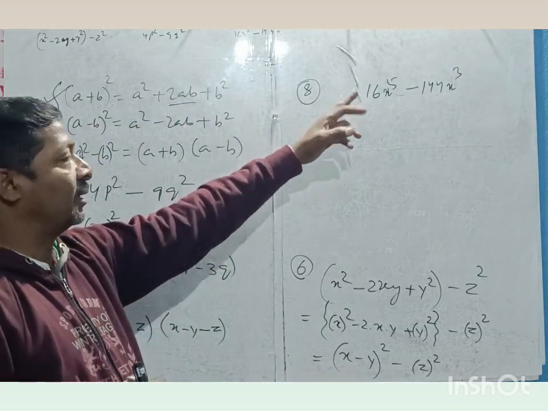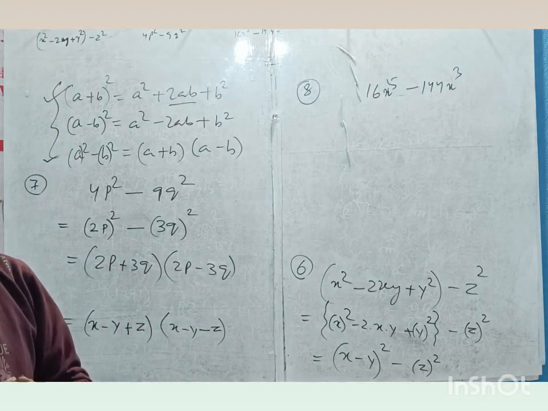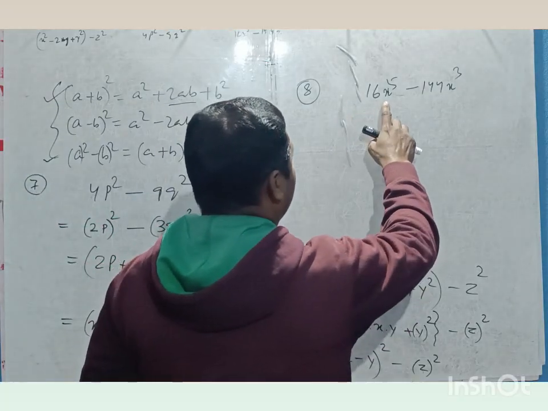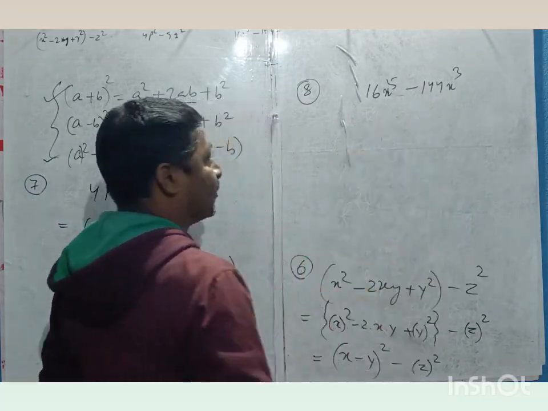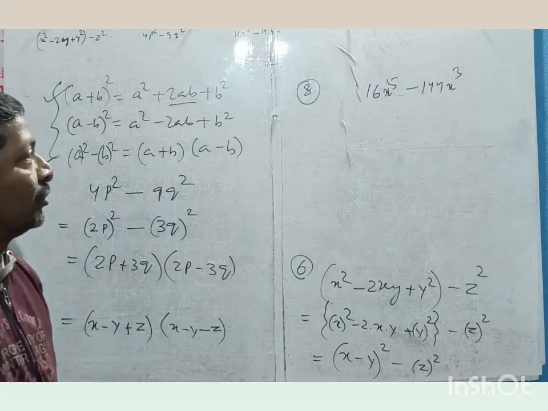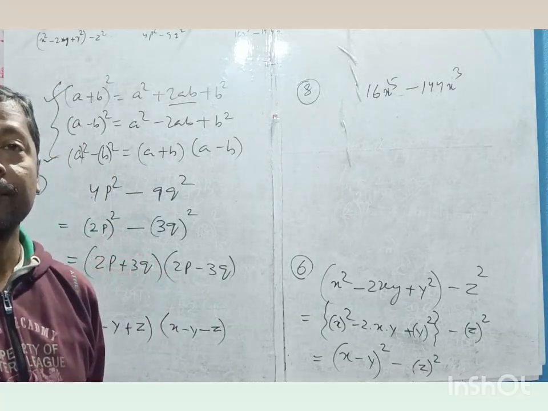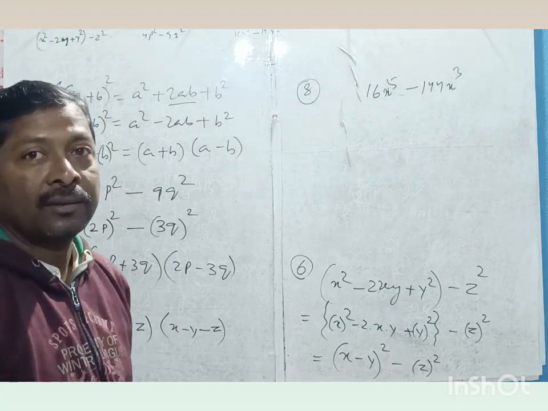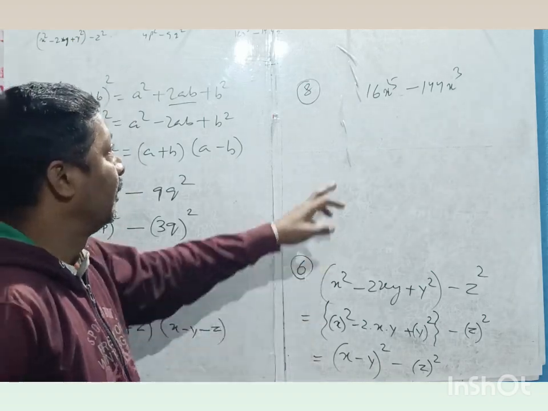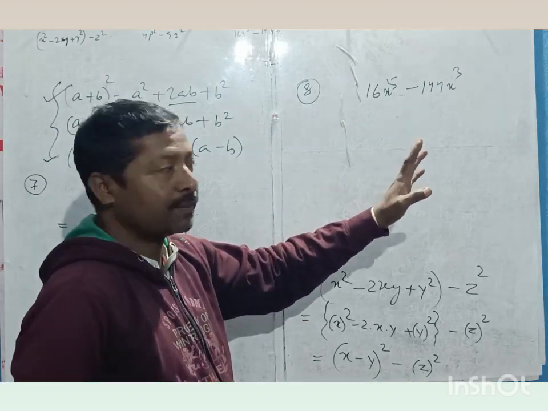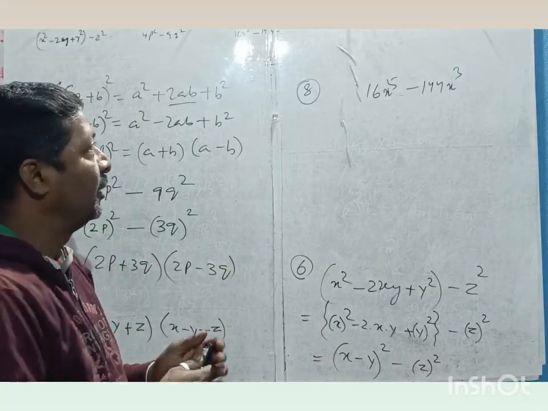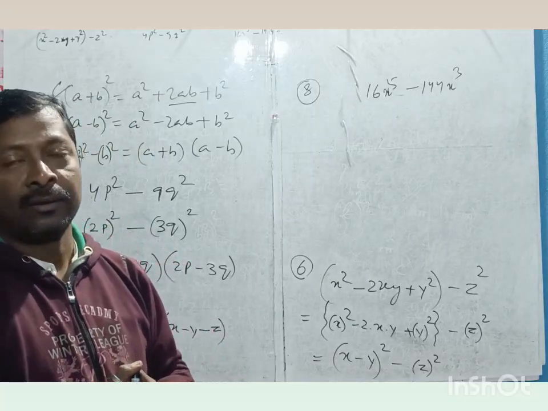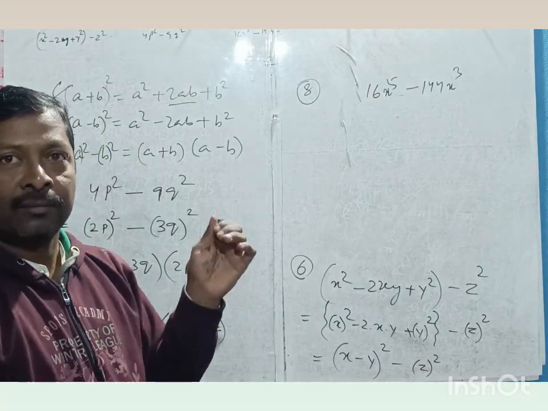As the numerals are perfect squares, we do not touch them, and we will take, from x^5 and x^3, something common. So what will be the common term? x into x into x into x into x is x^5, x into x into x is x^3. So x^3 can be taken, because in both of them x is multiplied three times.